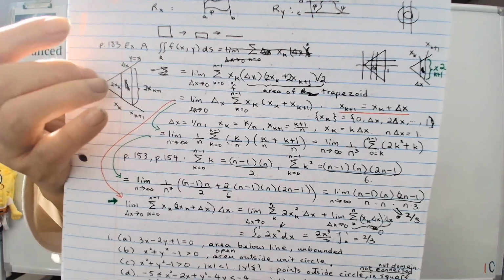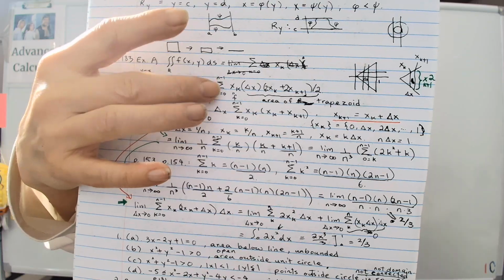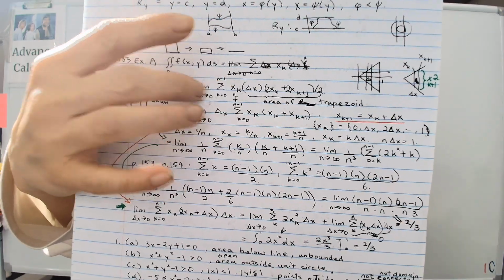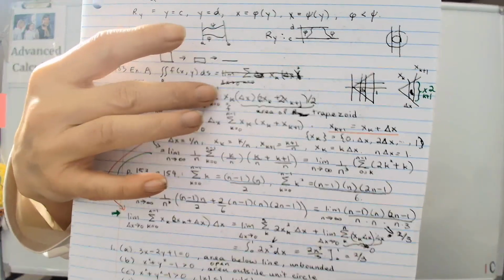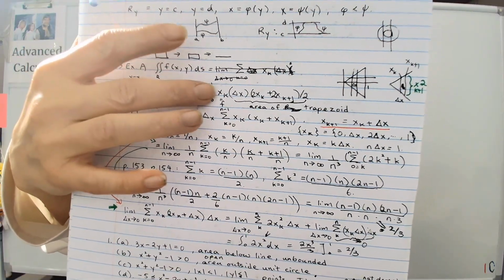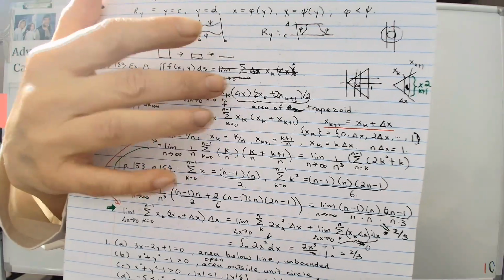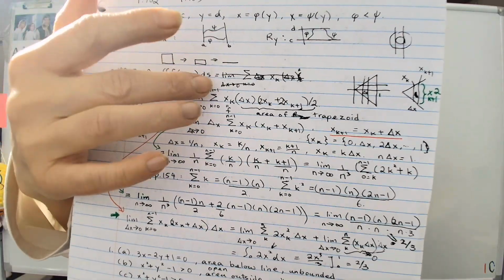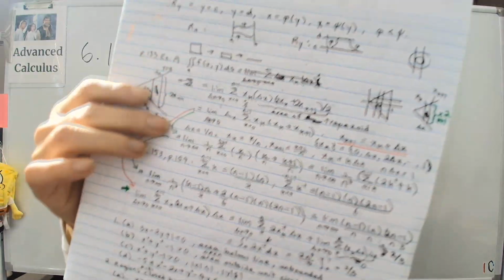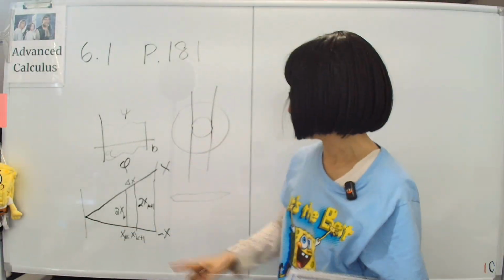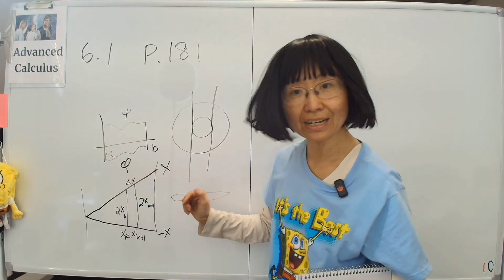The sum we're talking about has f(ψ, η) equal to xk, since f is just x, times the area, which is delta x times the area of the trapezoid: the top plus the bottom, times the height, divided by 2.